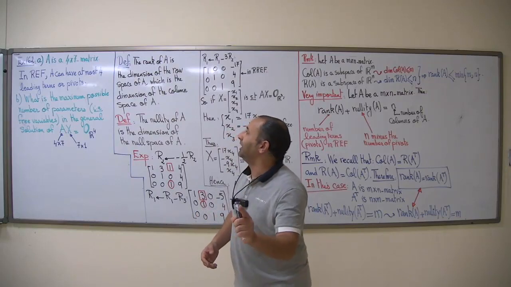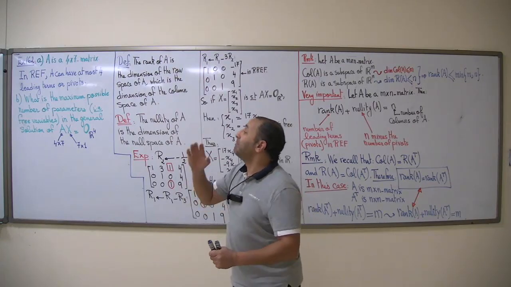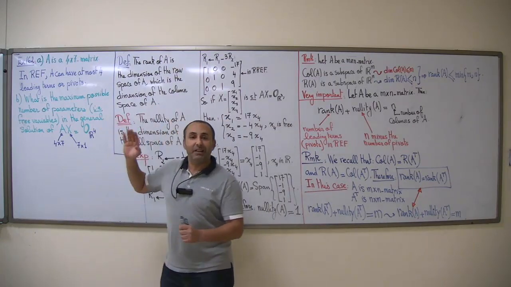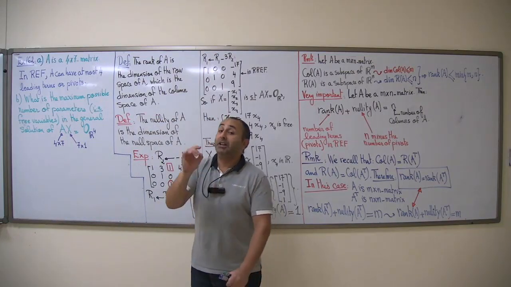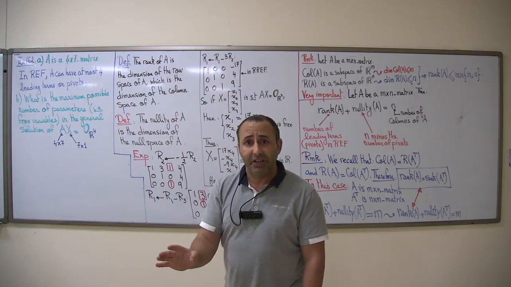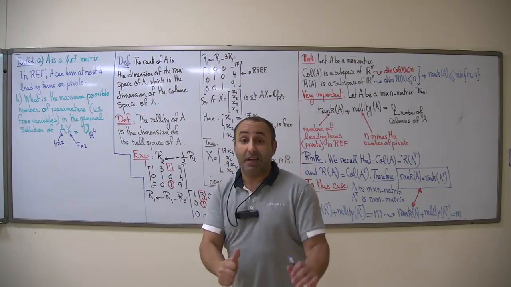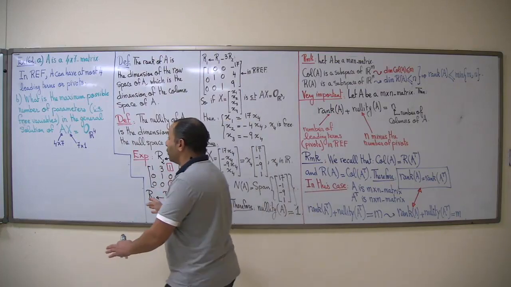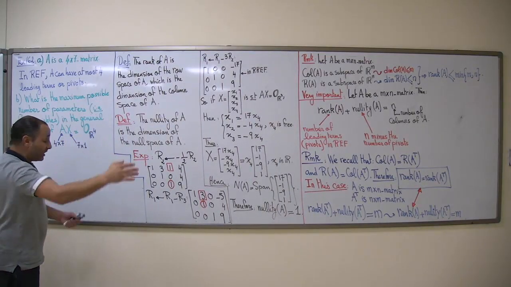But I want you to understand that if I obtain exactly 7, the matrix A is the 0 matrix. If he told me A is not the 0 matrix, then the maximum number of free variables would be 6, not 7.